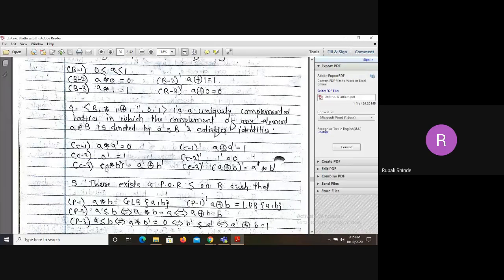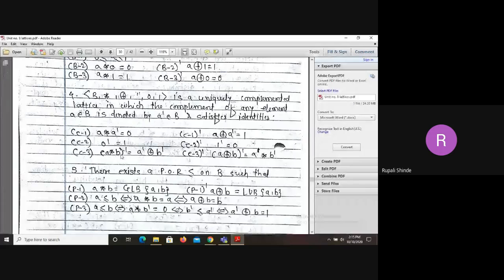Now the third property, A star B, this bracket's complement. The complement operation is applied over this bracket. So if you apply this complement, you will get A's complement, then this star will be replaced by the XOR operation, B's complement, and that is written here, A's complement XOR B's complement.